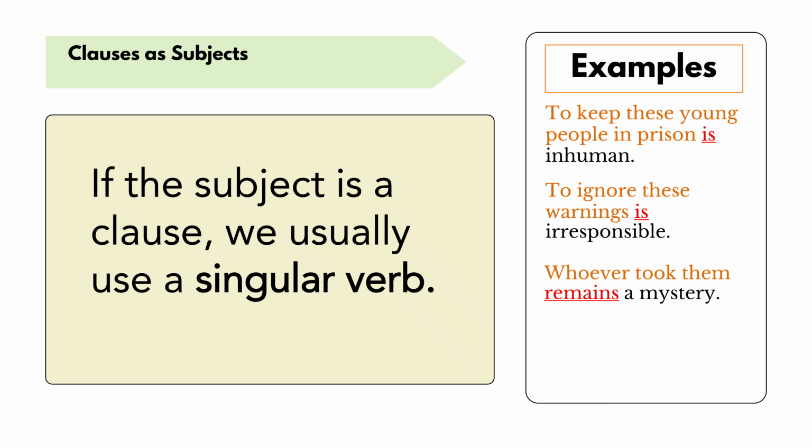This is the mystery. So we don't know whoever took them. We're not talking about whoever as a person per se, but about this mystery that nobody knows, whoever took them. And that's why we used a singular verb here. Okay, let's continue.